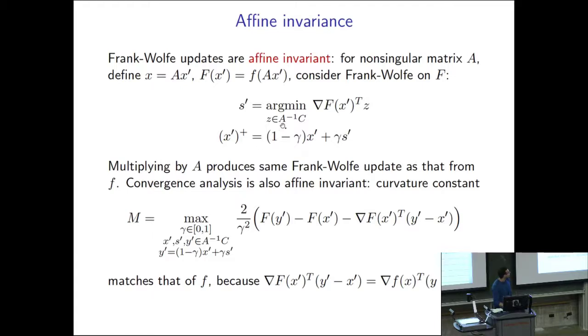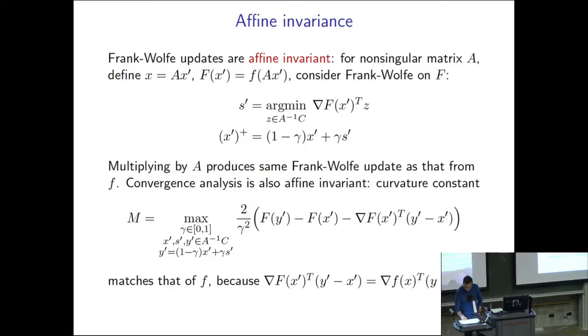So what's the difference? The difference is that the constraint set has become A inverse times C. So we're assuming that A is invertible. If I had x being in C, and x was equal to A times x prime, that's the variable transformation that we're looking at.